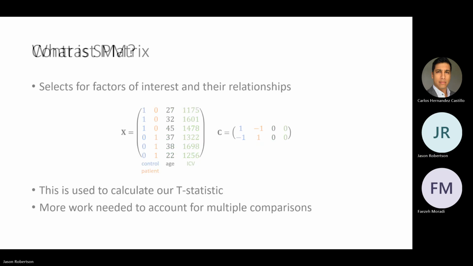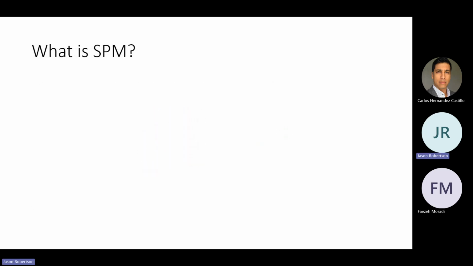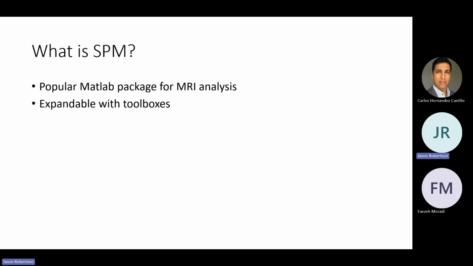But I also wanted to mention quickly what SPM is. It was created about 30 years ago now, but it's been continually updated ever since. I think the last update was about 2020. It's a very popular MATLAB package for MRI analysis that you can expand with toolboxes.